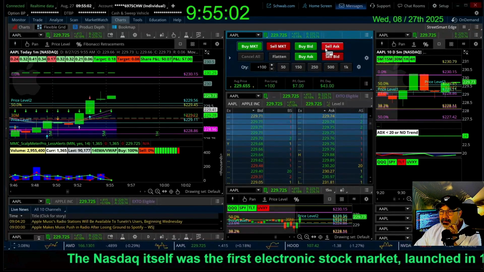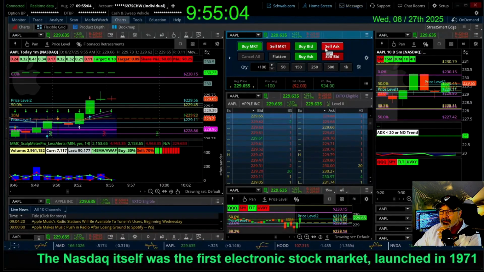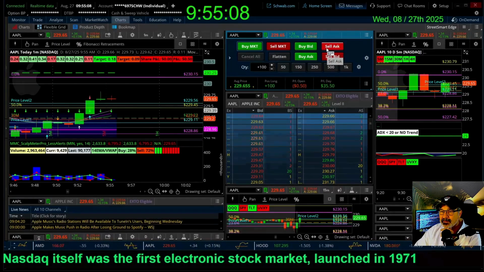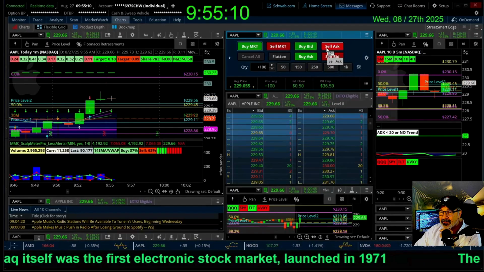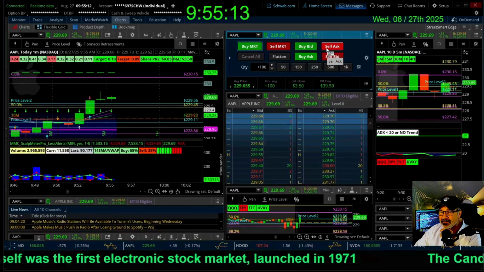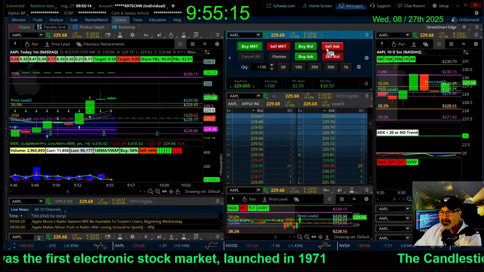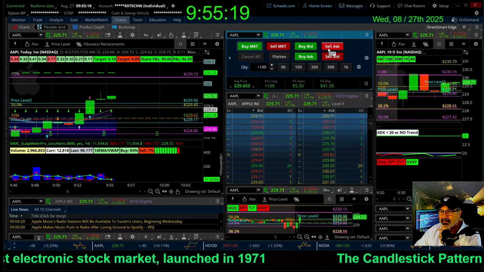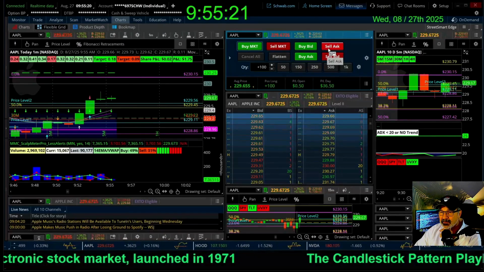Oh, we don't like to see a morning star, evening star happen right there. There it goes. You're not reversing. Don't even pretend like you don't want to reverse. Let's go. Go, go, go. Up to 230. Hitting the 230. Let's go.